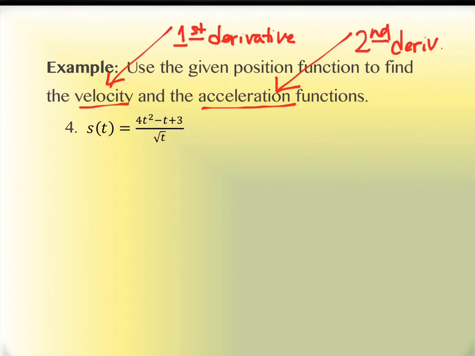Read the top and distribute. You could, and you don't even have to do it that way, though. Instead of bringing it to the top to distribute, I'm just going to distribute it where it is. And I'll write the square root of t as t to the 1/2.